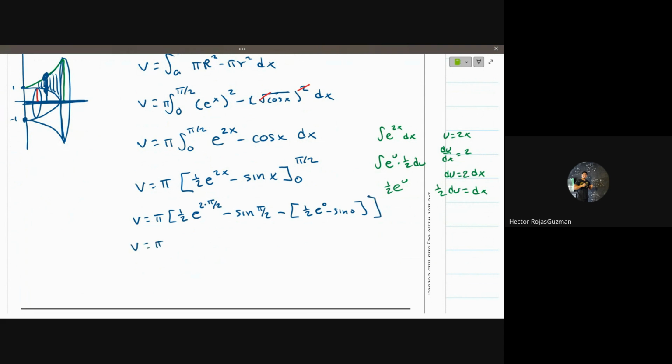So we're going to go ahead and simplify this one step at a time. First, the exponent of e becomes pi. Sine of pi over 2 is 1. E to the power of 0, well, that becomes 1. That's going to leave us with a 1/2. And sine of 0 is just 0.